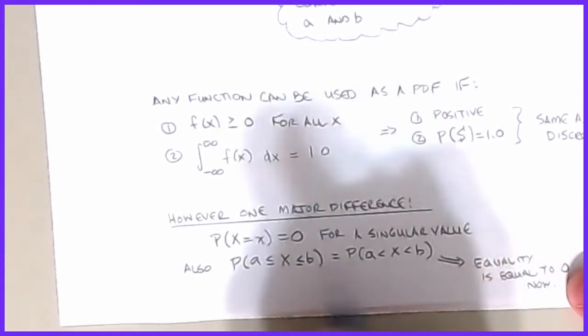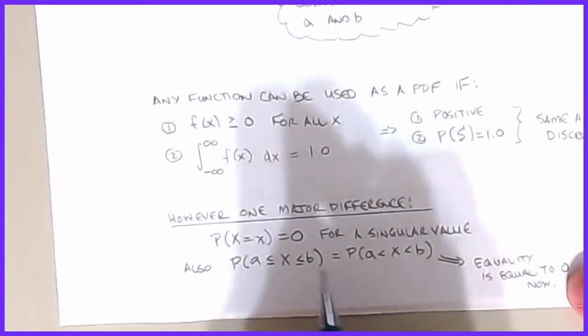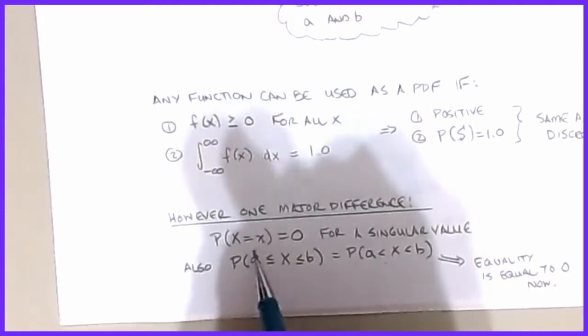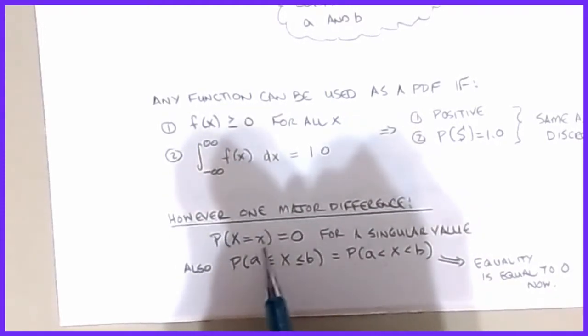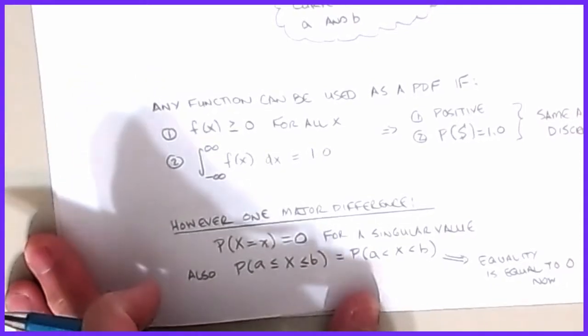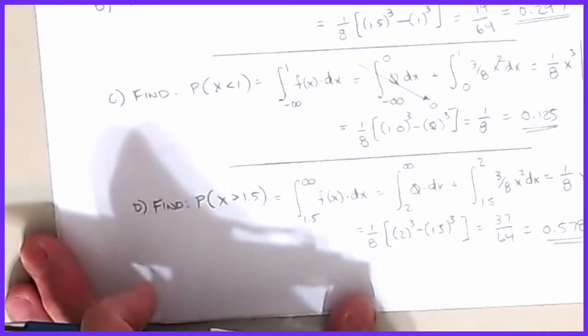Notice the equals is gone. So I can move back and forth freely between these, because I know that for singular values the probability is equal to 0. Equality has a 0 probability of happening exactly. We're looking for ranges in the mathematical operations that we're about to do. So that sets us up for some continuous effects.